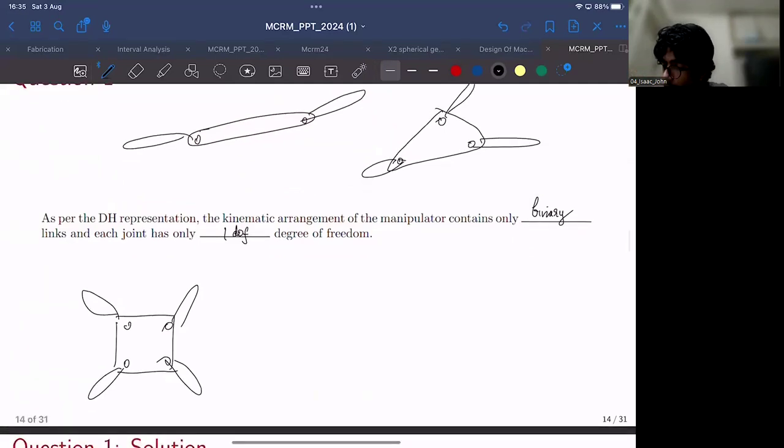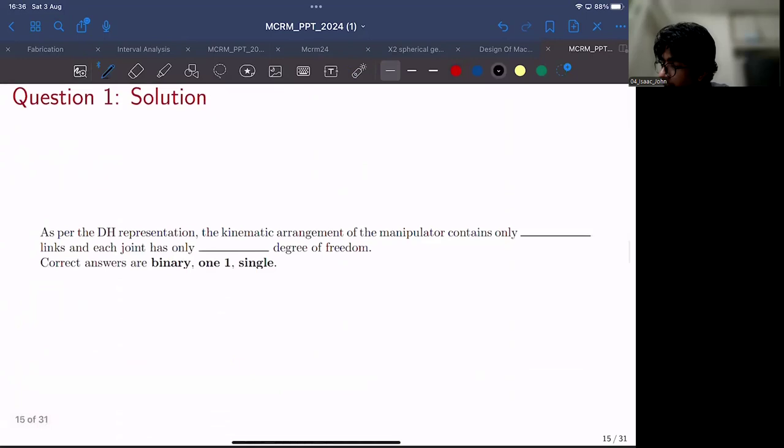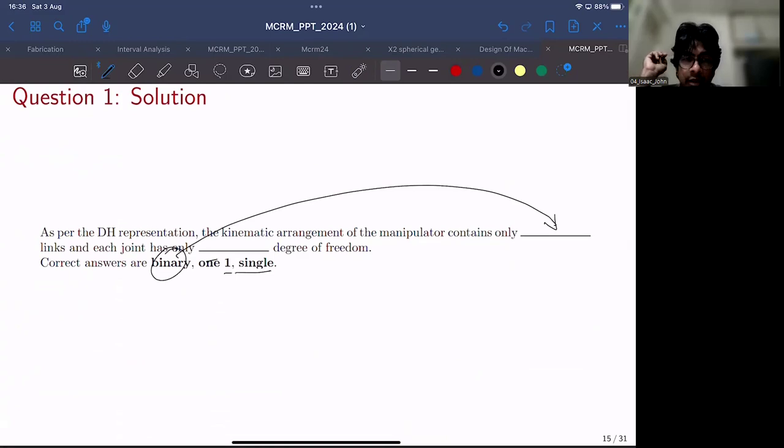Okay, so checking the answers here: binary is the answer. And over here, you can either type 1 or the numerical 1 value, or you can even type it in as single. Either of these three choices will give you the correct answer.